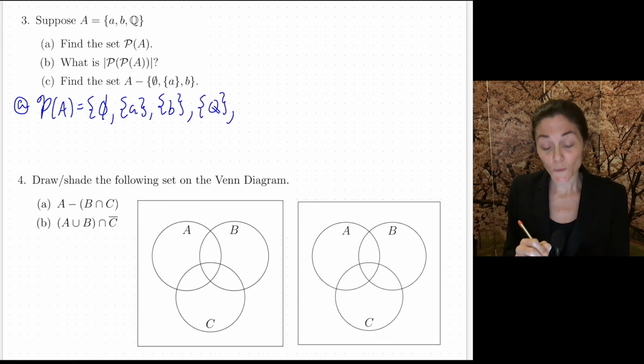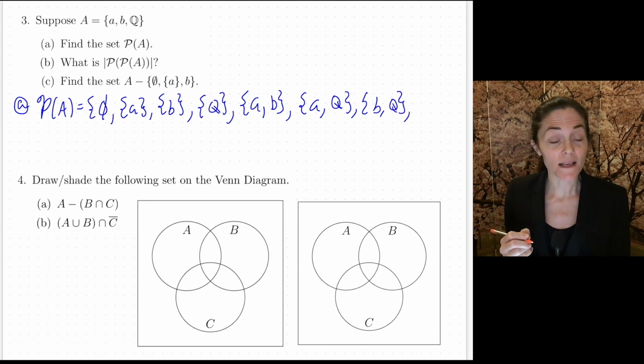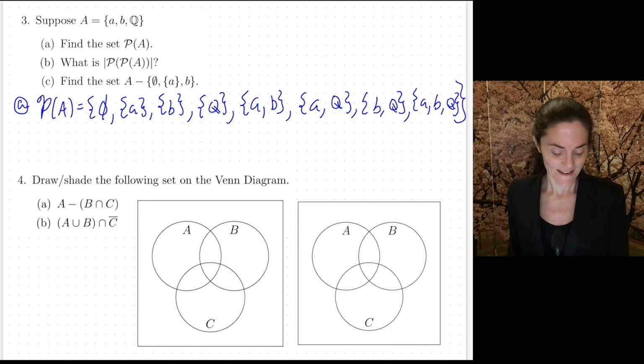We have the sets with 2 elements. Cardinality 2, this would be a and b, a and q, and then b and q. And then there's only one subset of capital A with 3 elements. It's all of A. This would be a, b, and q. This is the power set of A.